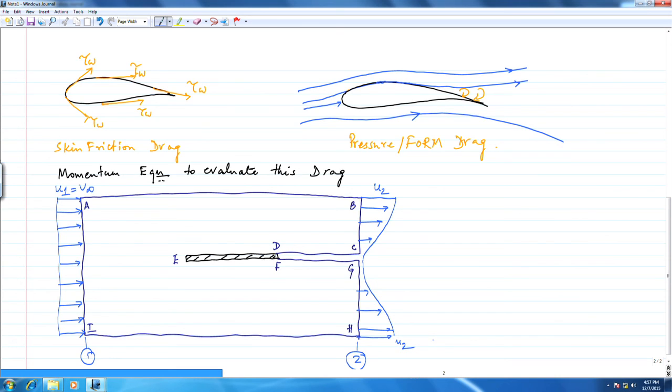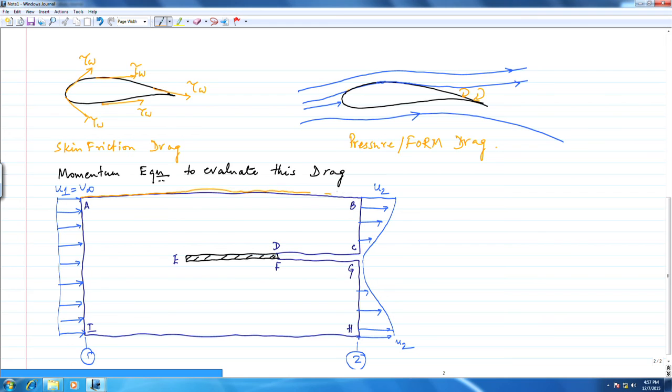Now AB and IH, or HI, whatever, these are really far away from the body. And this line is a line which is just inside the streamline, in the sense that there is a streamline which is just outside of it.